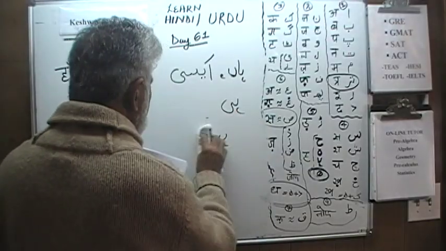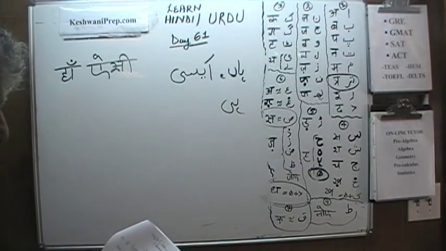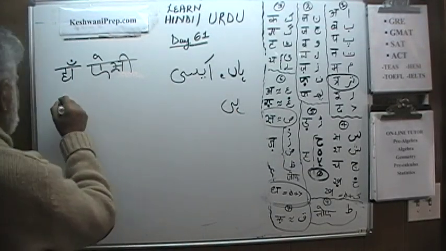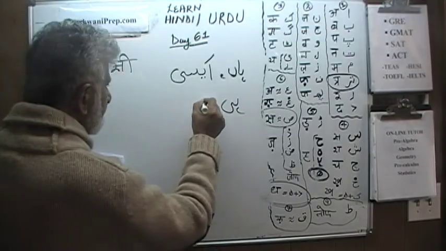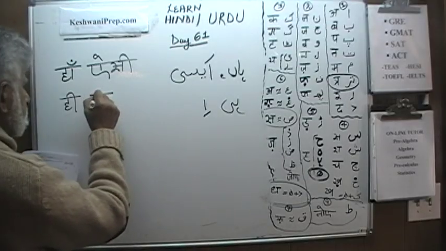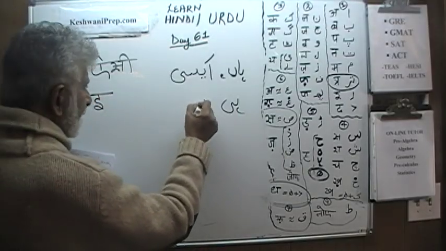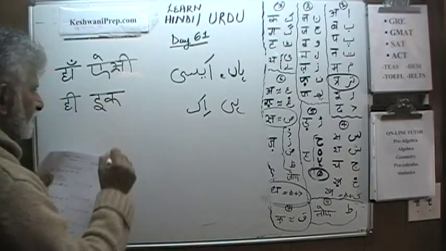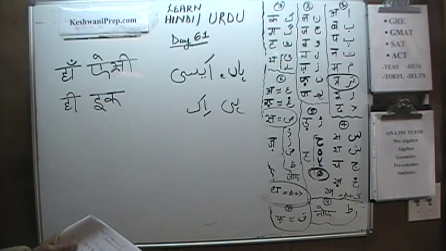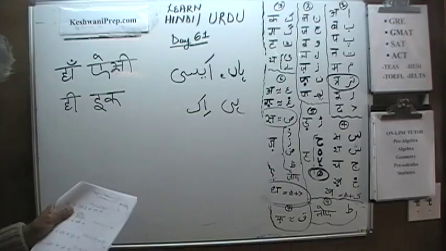There we go. Ha, AC, he. Ik. E. Choti E. And a ka. Ik just means one. Ha, AC, he, ik.